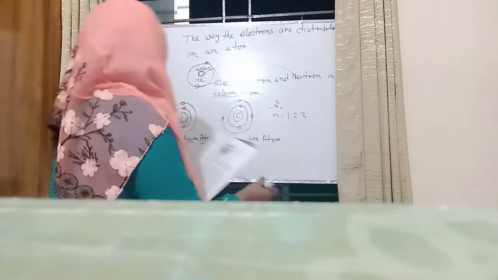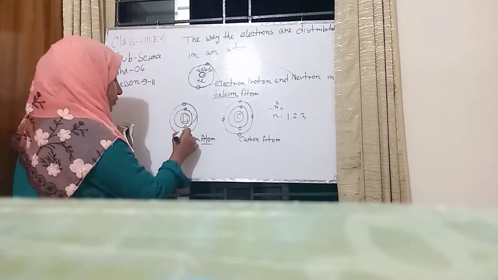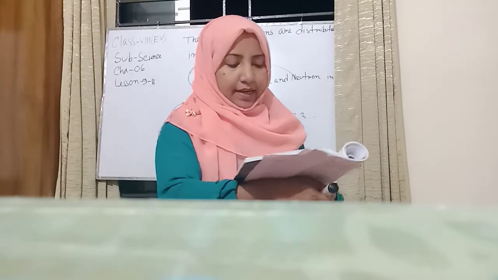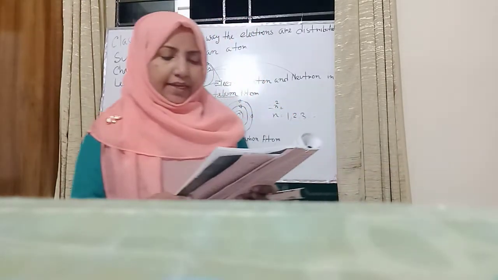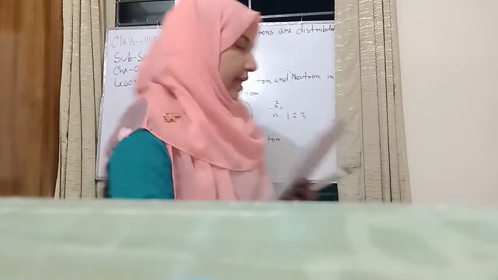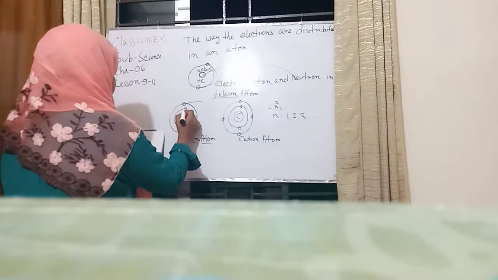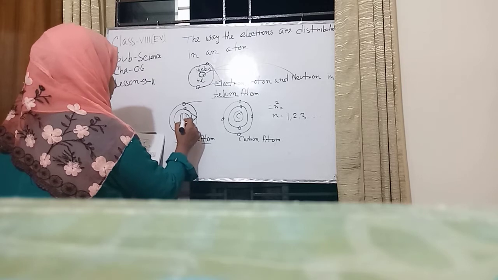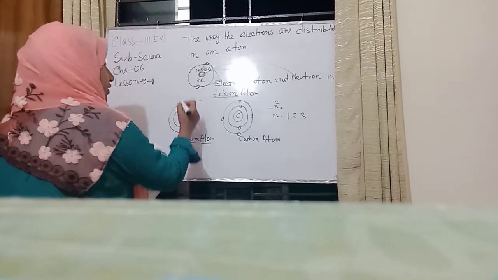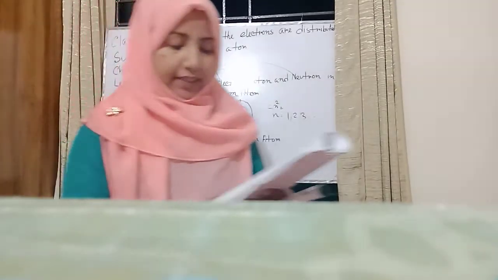Here this is filled and this is empty. Of these, two electrons are in the first orbit and the third is in the second orbit.